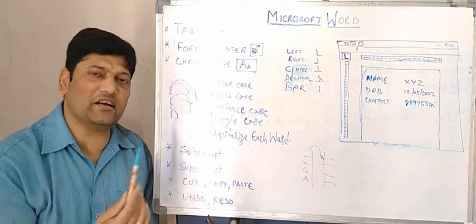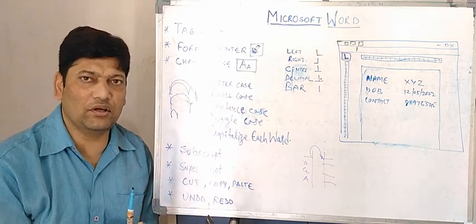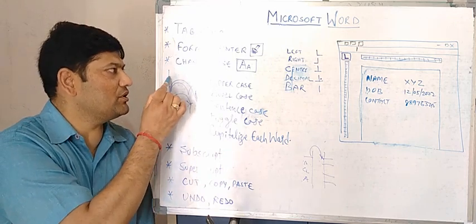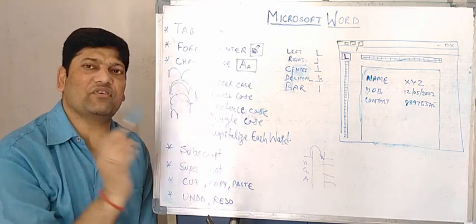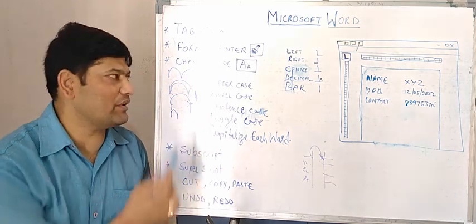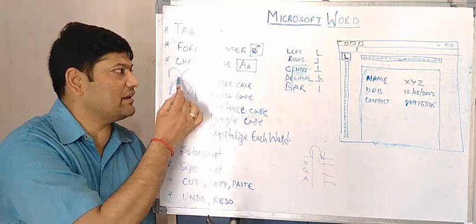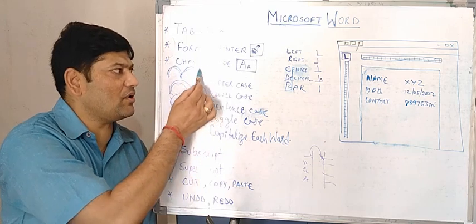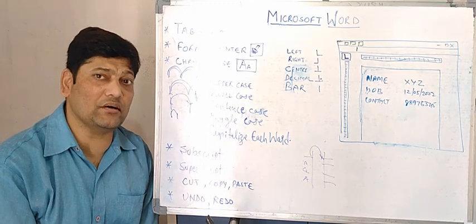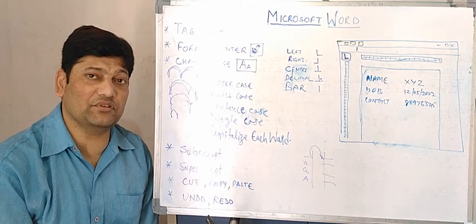Let's understand how the tab key works. Whenever you press the tab key, it allows you to jump your cursor by a specific distance. By default, it is ½ inch. So whenever you press the tab key again and again, it takes a jump of ½ inch, and this is how it helps you reach the desired position.